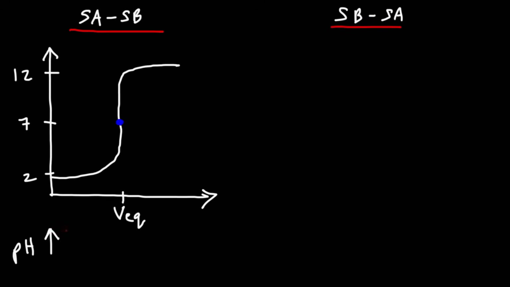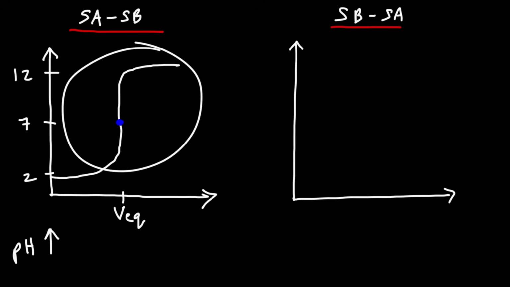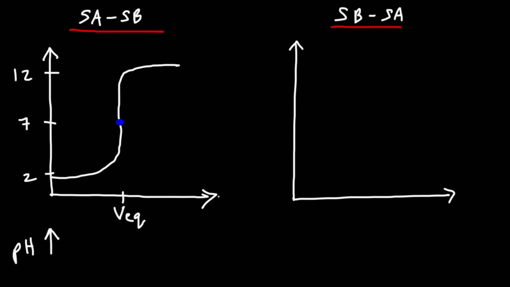Anytime you add an acid, the pH will decrease. So this graph is basically just going to be inverted from this graph. It's just that graph basically flipped. So this time we're going to start off from a high pH, and then it's going to decrease dramatically, and then it's going to taper off.